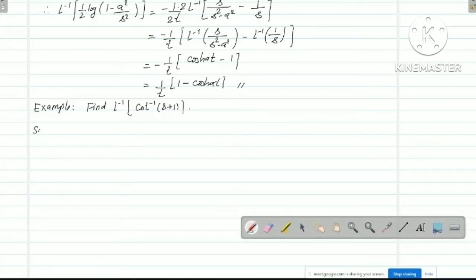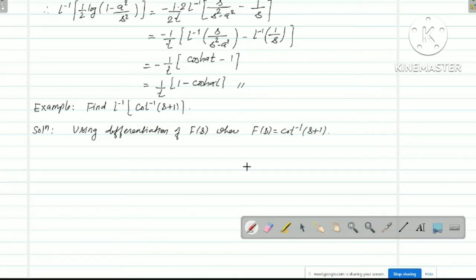So, solution of this: using differentiation of the function f of s, where f of s equals cot inverse of s plus 1.